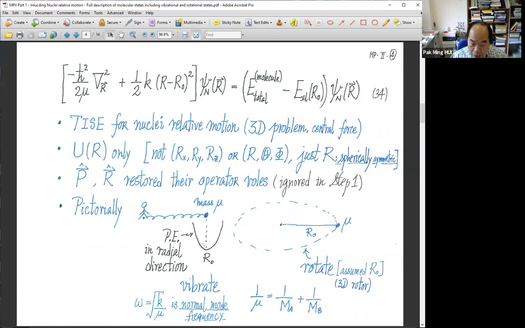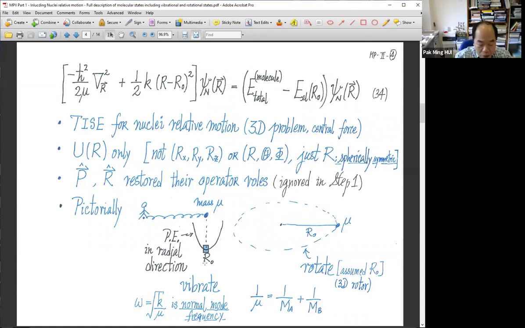For the nuclei, there is a harmonic oscillator motion like this. Okay, that is exaggerated. It should be around this minimum. Okay, something like that. And that will give us a radial part, the harmonic oscillator wave function. Around this rim of the minimum, but it is 3D, you can imagine there are rotations.